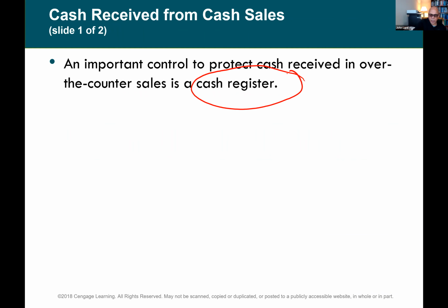That's why when you go to a store and they enter something in the cash register, it is keeping track of the cash that was received for that day, or even credit card receipts. It's updating the accounting records. They also hand you a receipt. That receipt is a control, whether you knew it or not, over the fact that some sort of cash was handed over.